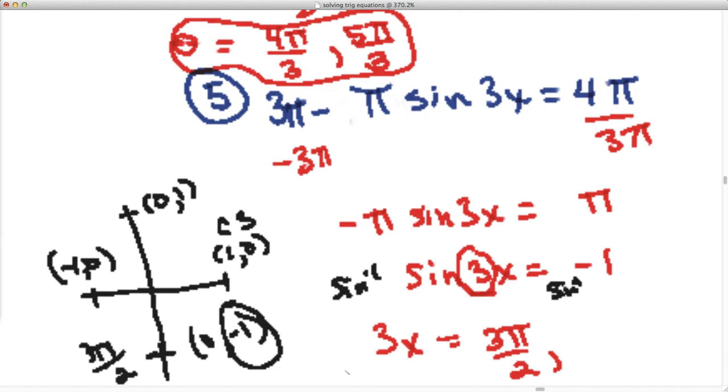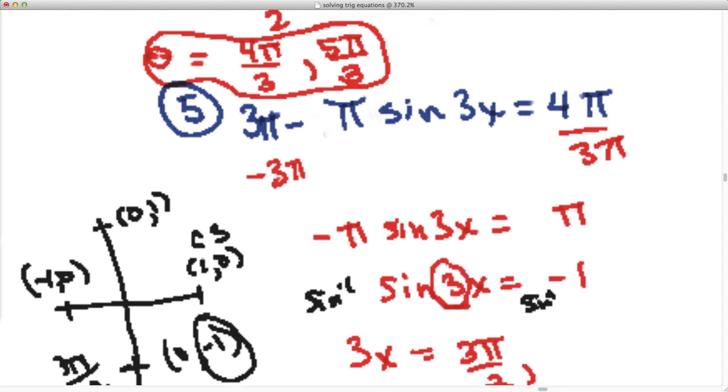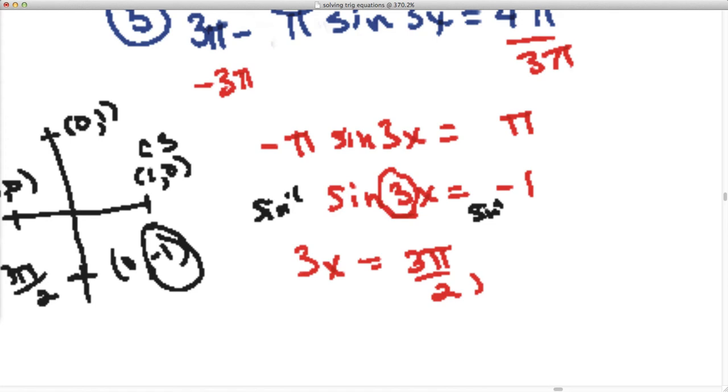Whatever this number is, that's how many times you go around the unit circle, and you add those answers right here. So to get the next one, what I do is I go off to the side and I add 2 pi, because the only place that sine equals a negative 1 is on this angle here. But if we keep going around the unit circle, every time we hit that, it'll equal negative 1.